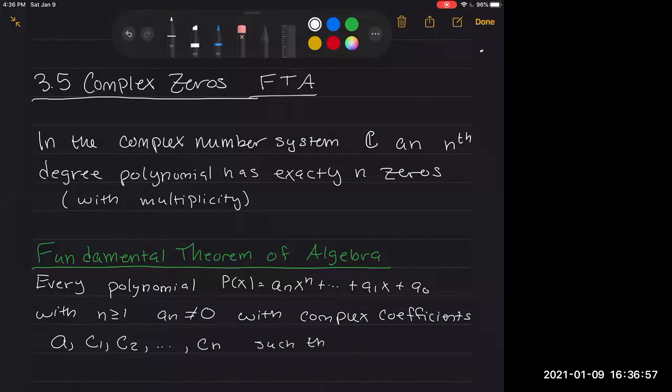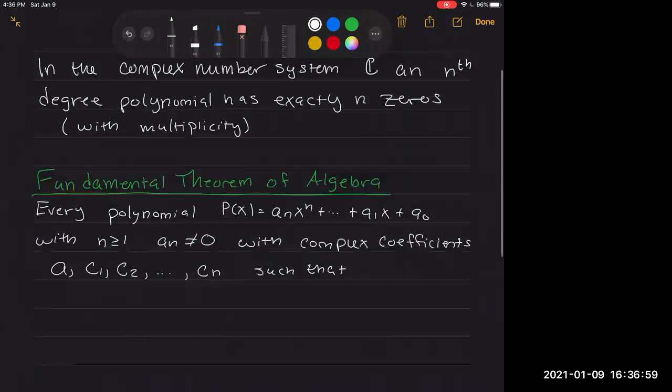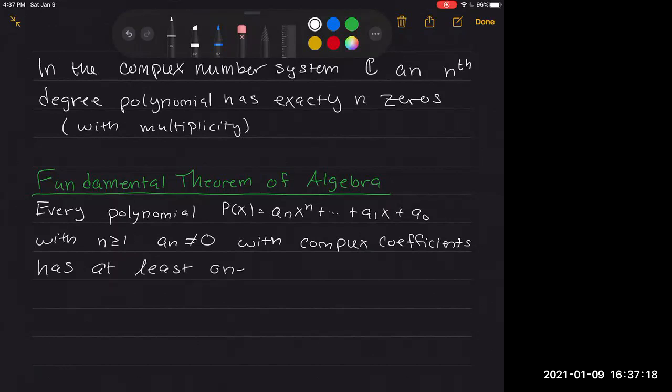I'm so sorry, okay. This is actually a theorem that comes later. I just glanced at the wrong part of my page. So sorry about that. Okay, so a polynomial with complex coefficients has at least one complex zero.